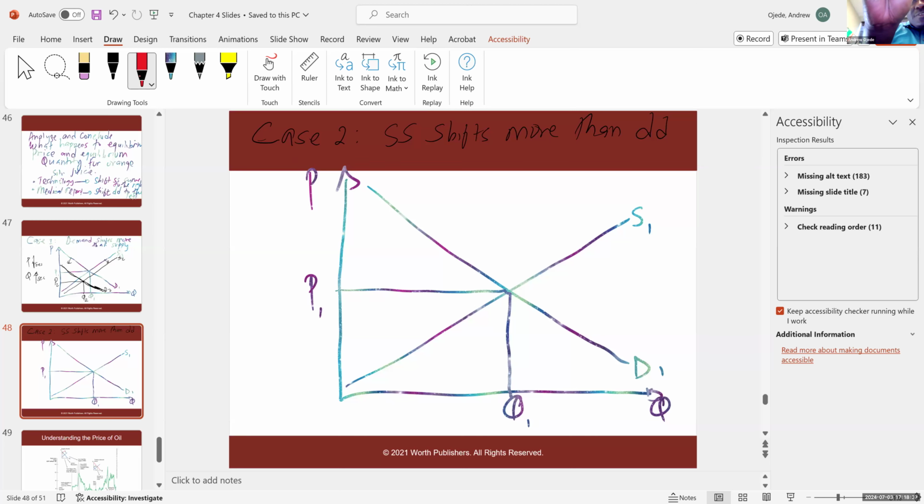So the demand curve is shifting to the left, but shifts by very small magnitude in this case, because we're saying that supply shifts more than demand. The new technology is going to shift the supply curve to the right by bigger magnitude than the shift of the demand curve. See this? This is what I mean by supply shifting by greater magnitude than the shift of the demand curve to the left.